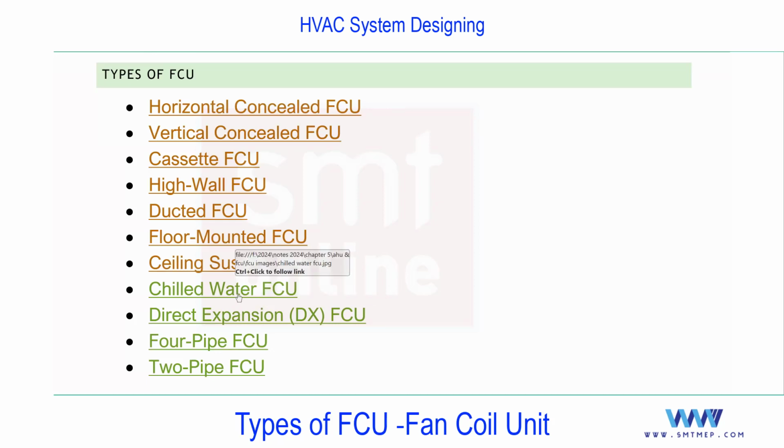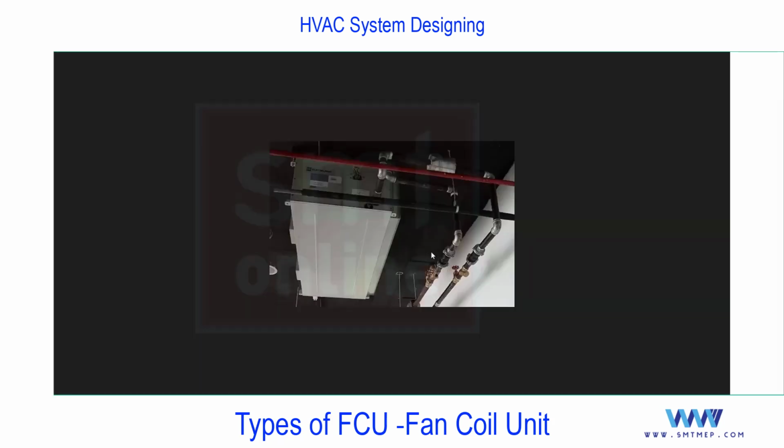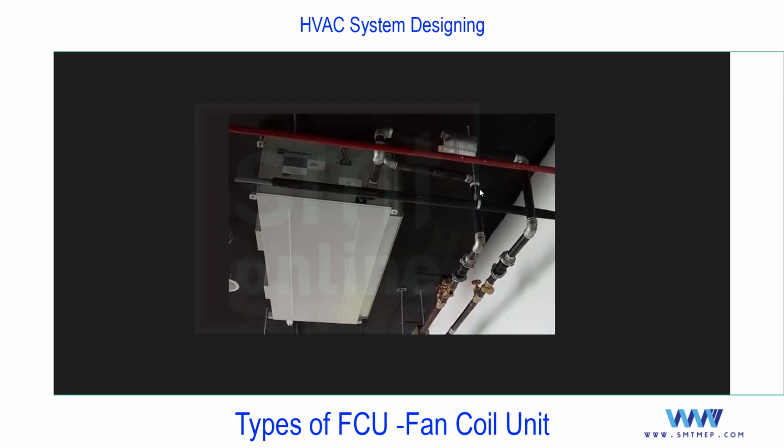Next is a chill water FCU, or the DX FCU. The difference is the source of the medium. For example, in case of chill water FCU, this pipe is a black steel pipe and it will supply the chill water, and this should be with insulation. Insulation is not done here. We have a separate topic for the chill water system, we'll discuss it in detail.